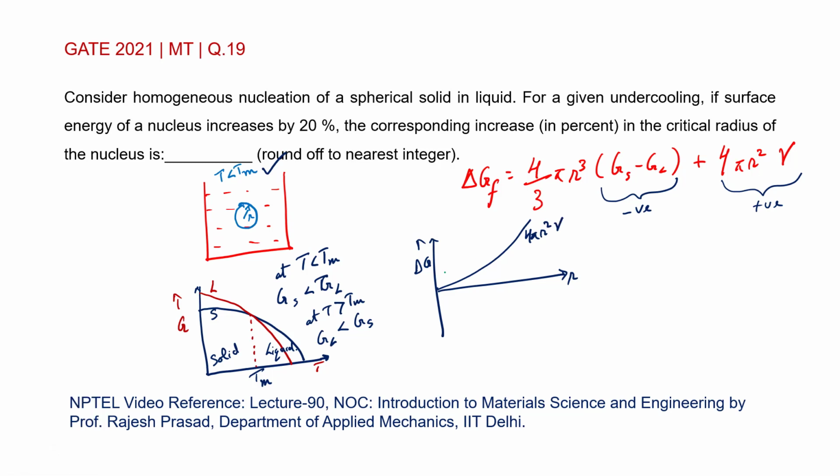and this represents your volume term, 4 by 3 pi r cube (GS minus GL). Okay. So this is the free energy change. So the net free energy change can be shown like this.